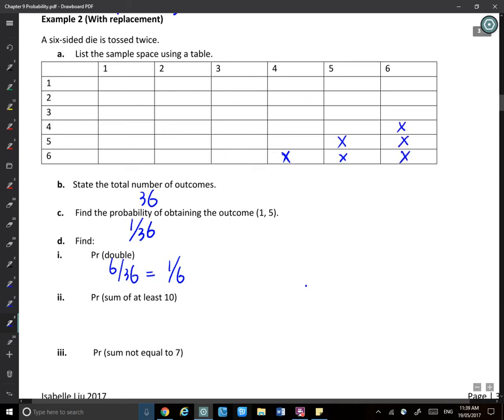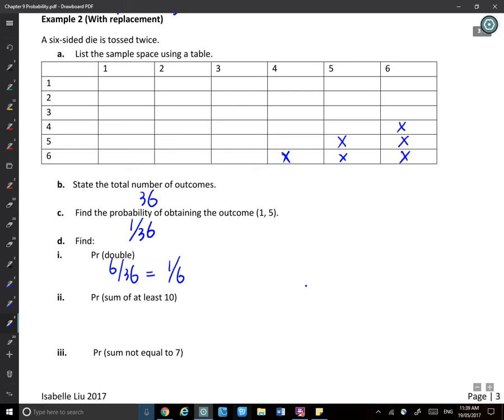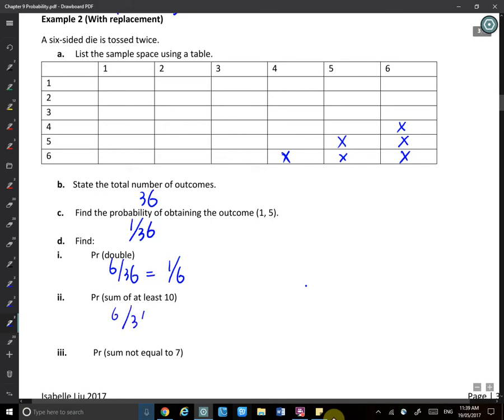Only those corners can give you a sum of at least 10. So 1 plus any number can't be 10, 2 plus any number can't be 10, 3 plus any number can't be 10. 4 only plus 6 can be 10. 5 can plus 5 or 6. 6 can plus 4, 5, 6. So there are 6 such outcomes. So it's 6 out of 36, which is 1 on 6.